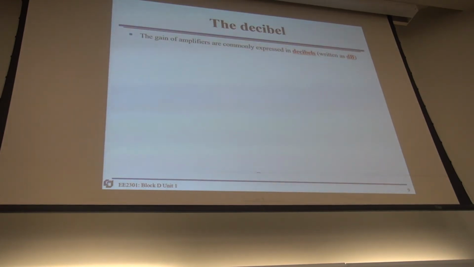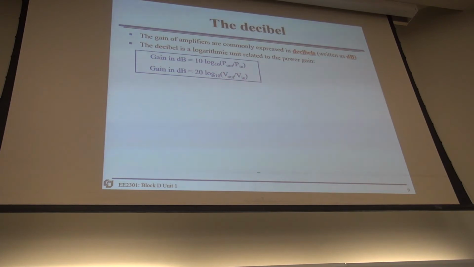Decibels. When the dB was invented, it is a logarithmic unit related to the power of the gain. So it's 10 times log 10 the power.